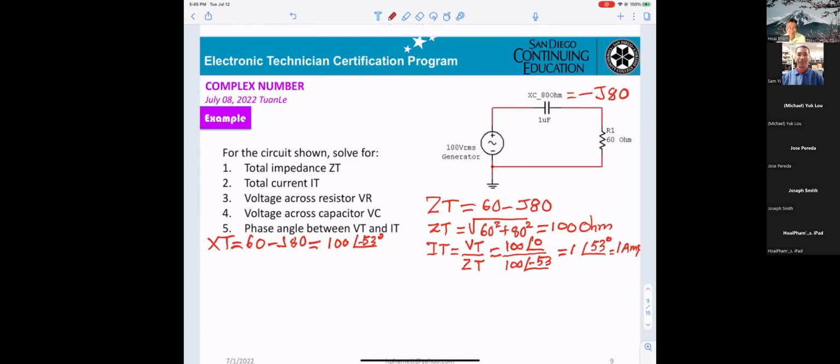Okay. The next will be to calculate the VR, which equals I total times R. See what you get.